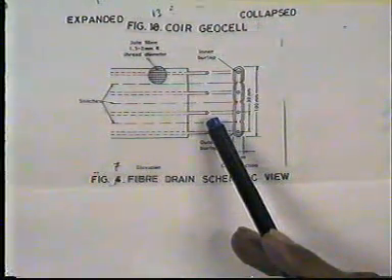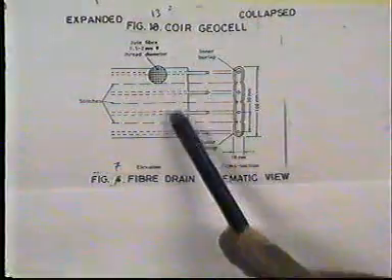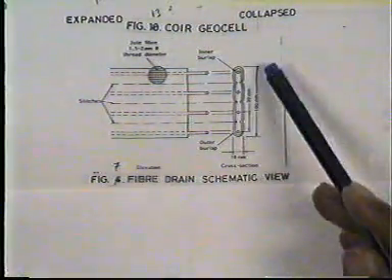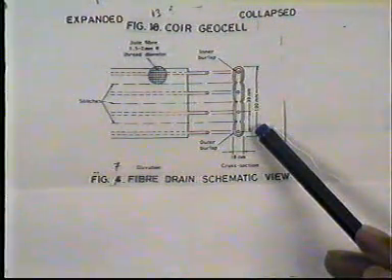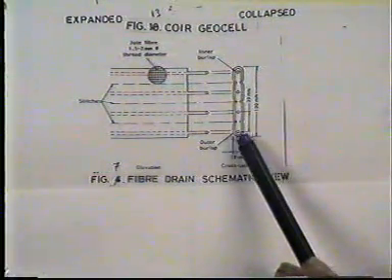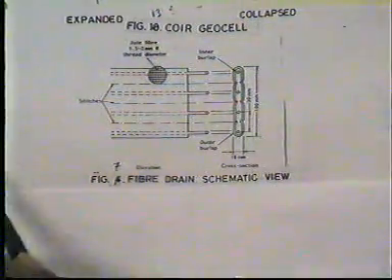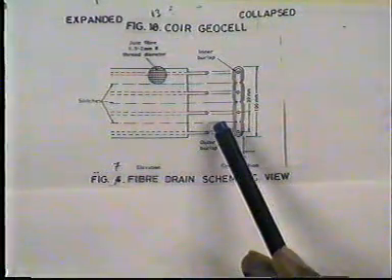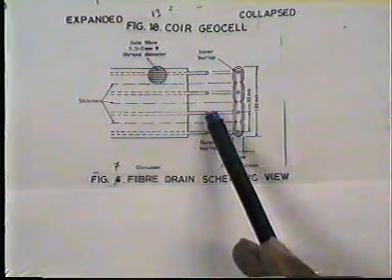The drain consists of a rectangular strip of 80 millimeter to 100 millimeter width and 8 millimeter to 10 millimeter thick, obtainable in the form of roll in length of 500 meter to thousands of meter.